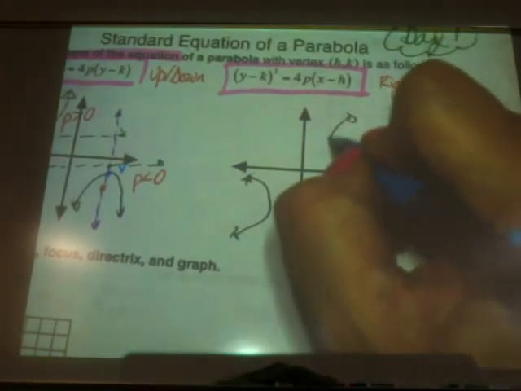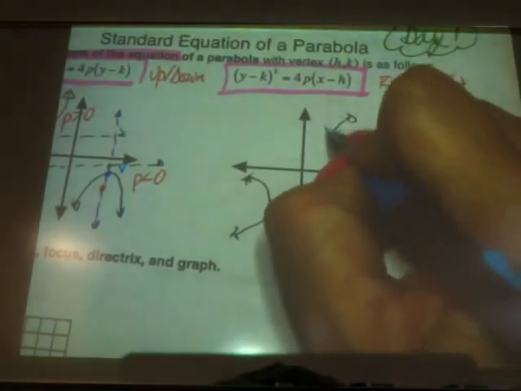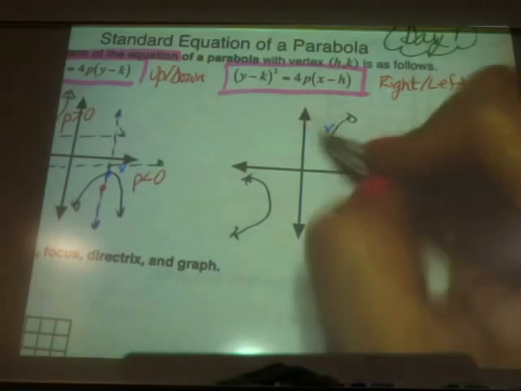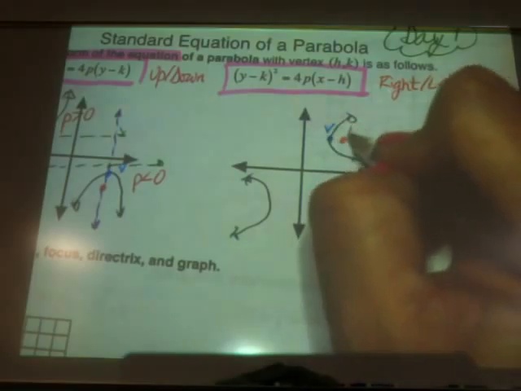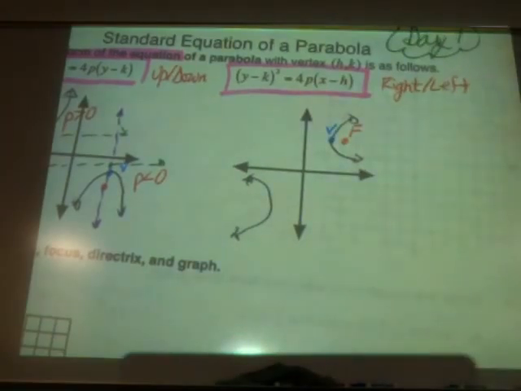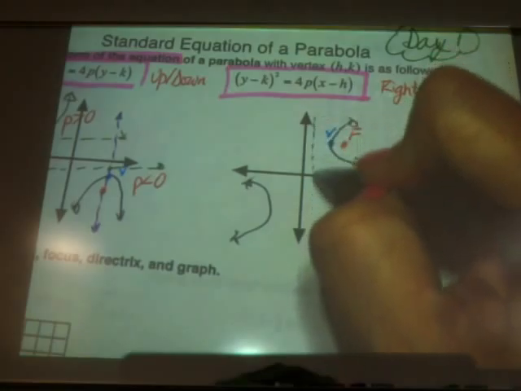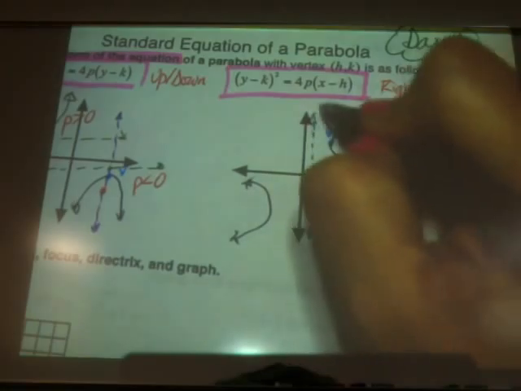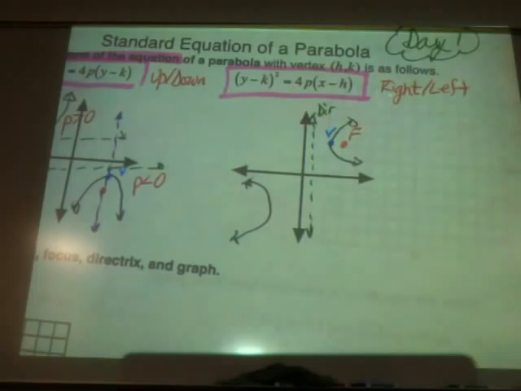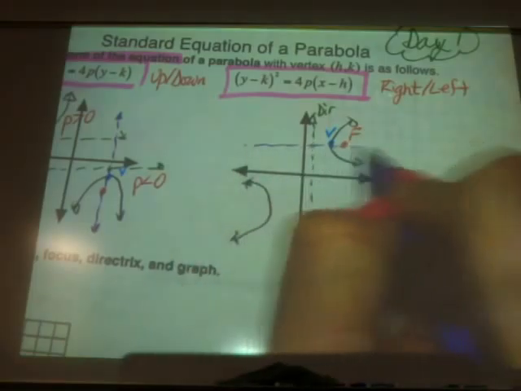So this would be my vertex. Here would be my focus, because it's inside being hugged by the parabola. And then my directrix would be the same distance, but here. So this is my directrix. And this would be my axis of symmetry.